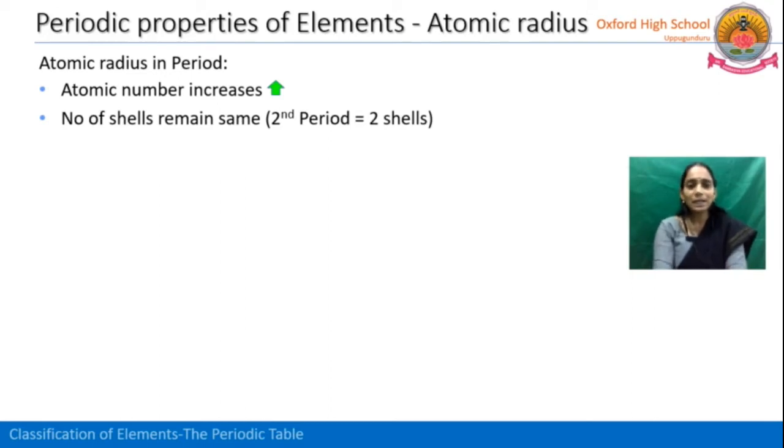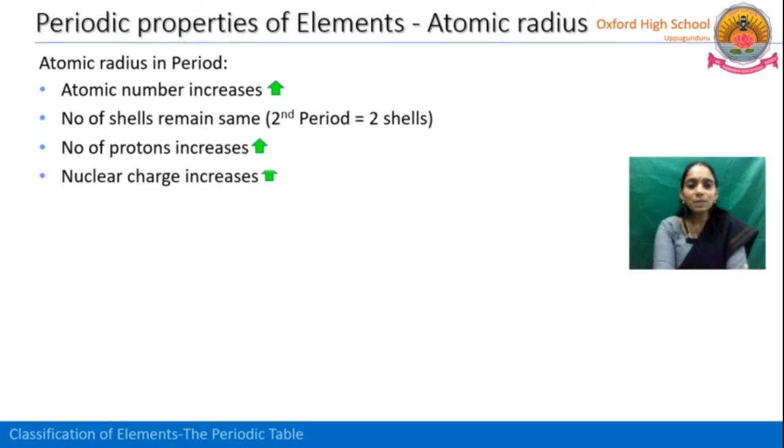But here, as atomic number increases, the number of protons increases. Lithium, the first element in the second period, has 3 protons, whereas the next element beryllium has 4 protons. So the number of protons increases across the period. Number of protons increases means nuclear charge increases.